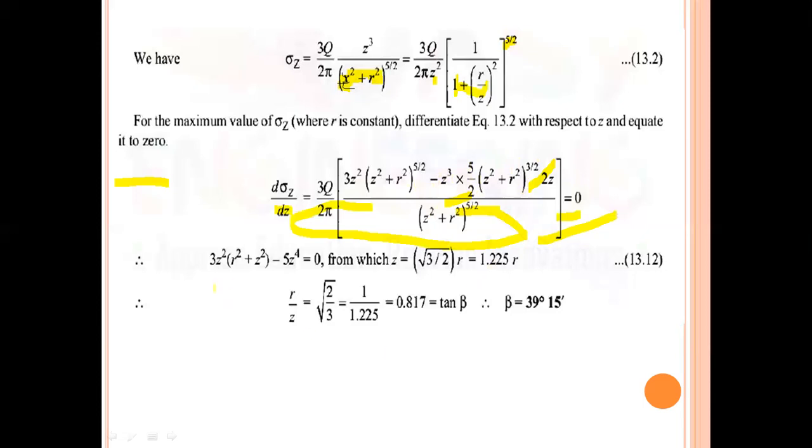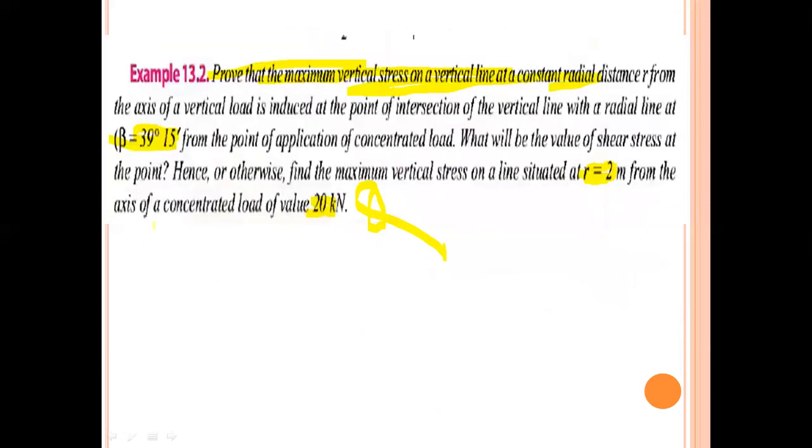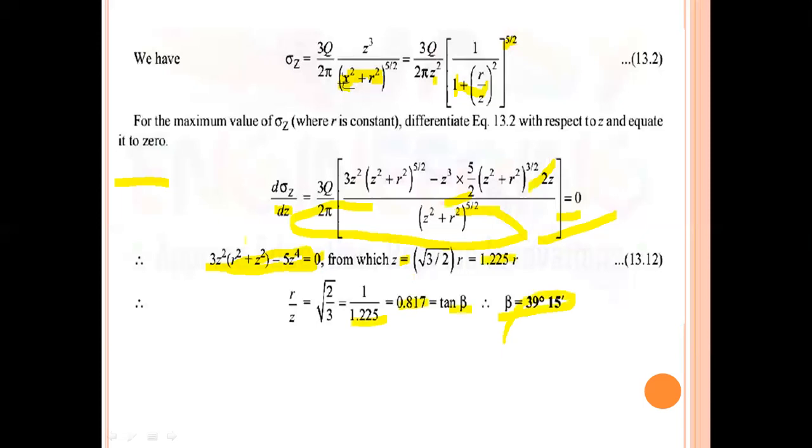So finally, 3z square (r square plus z square) minus 5z to the power 4 equal to 0, from which z equals root of 3 by 2 into r, that equals 1.225 r, where r by z equals root of 2 by 3, that equals 1 by 1.225, that equals 0.817 equals tan beta. Then beta value is the given data, 39 degrees 15 minutes.